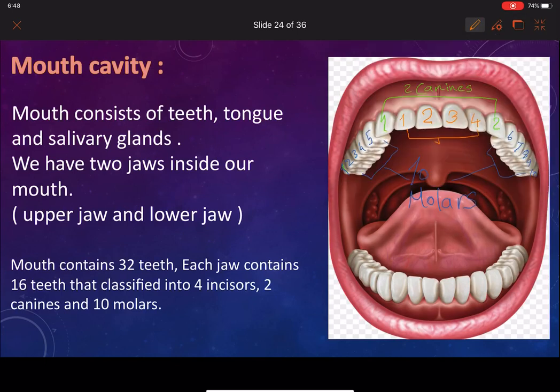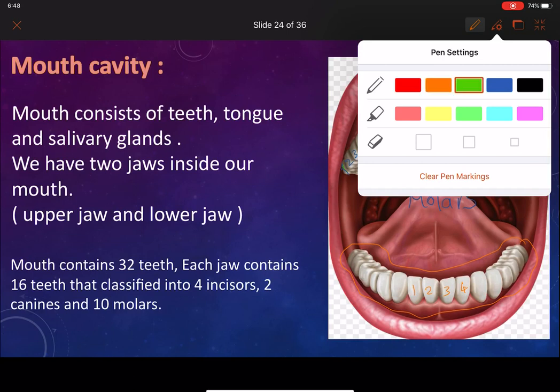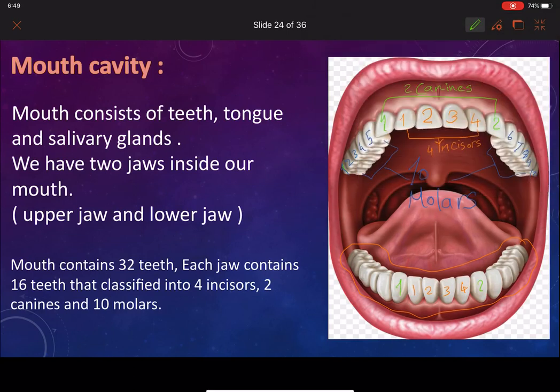And these 4 are called the 4 incisors. So each jaw contains 4 incisors, 2 canines, and 10 molars. And they also exist in the lower jaw. 1, 2, 3, 4, the 4 incisors. 1, 2, the 2 canines, and 1 through 10, the 10 molars. Okay?